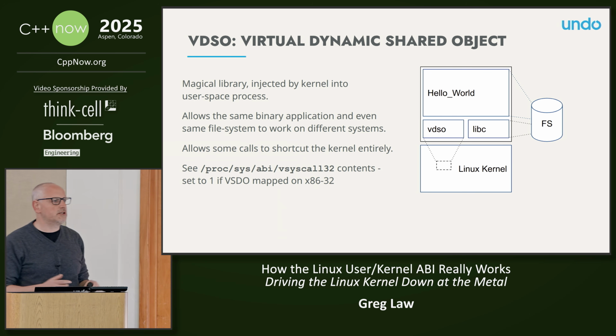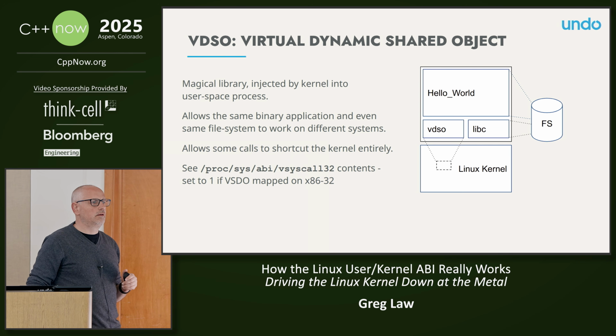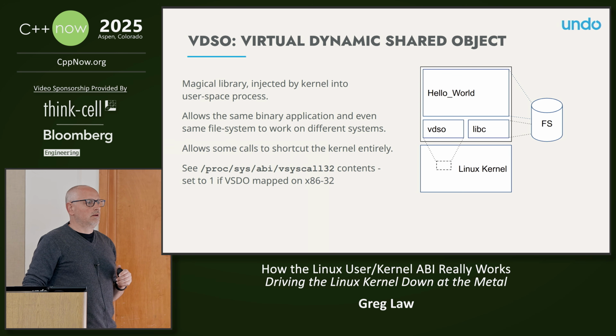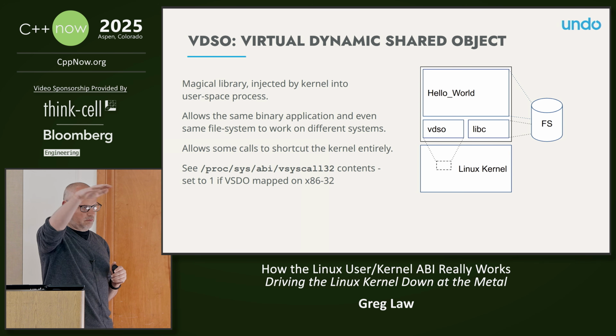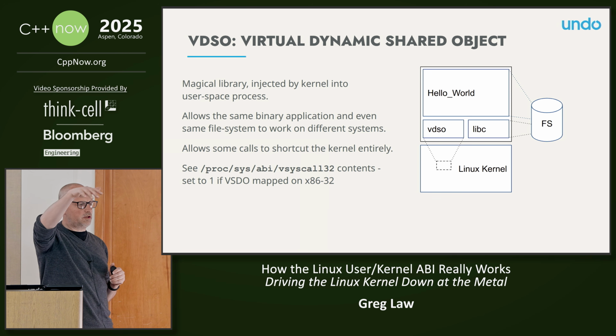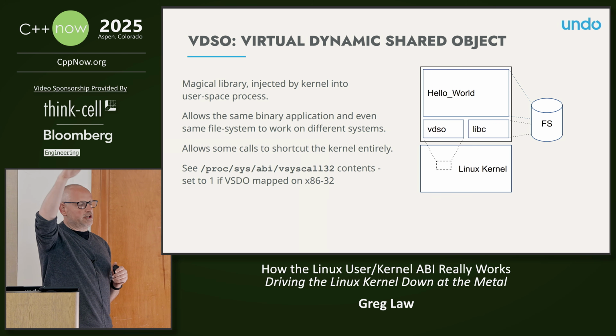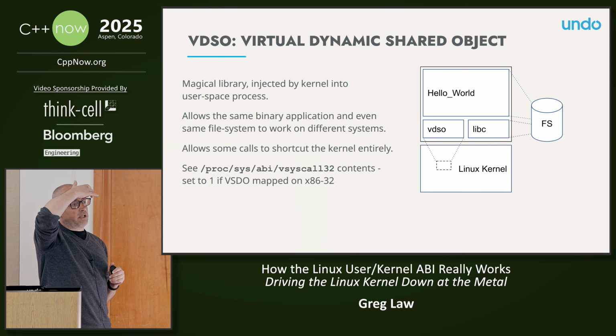Yes, question? Are you allowed to jump to any address in the VDSO, or does it enforce that you can only jump to certain points? Good question. There'll almost certainly be these days the x86 endbr instructions that do some sort of enforcement to make sure that you're only indirect jumping to those, but you could compose a direct branch anywhere into the VDSO because it's just a bunch of instructions, right?